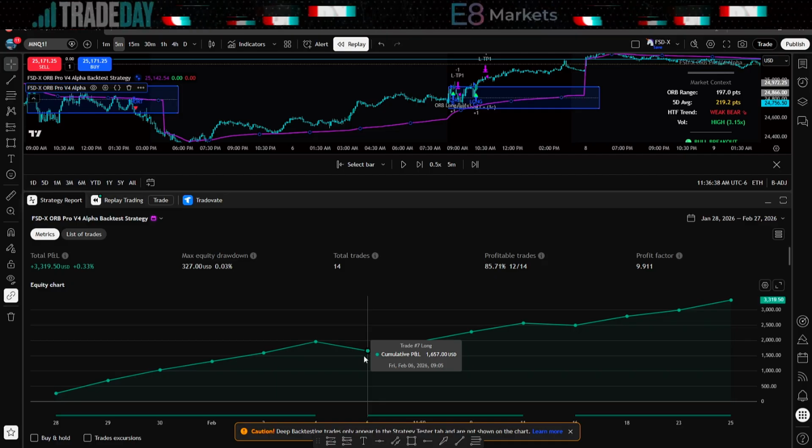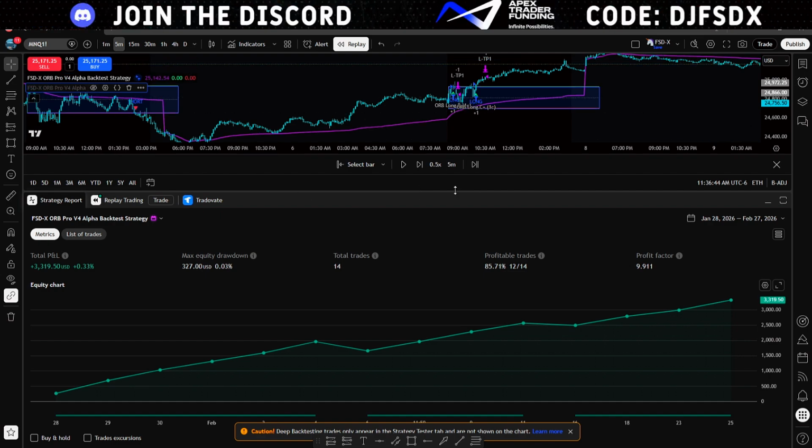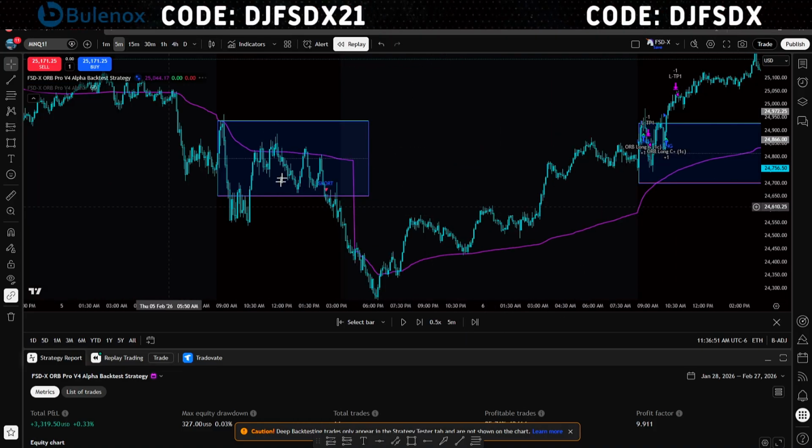I'm not 100% sure. So if you look at how it's enabled, let me just turn off the indicator. It will show you exactly the trades that it took. So there's no trade there.